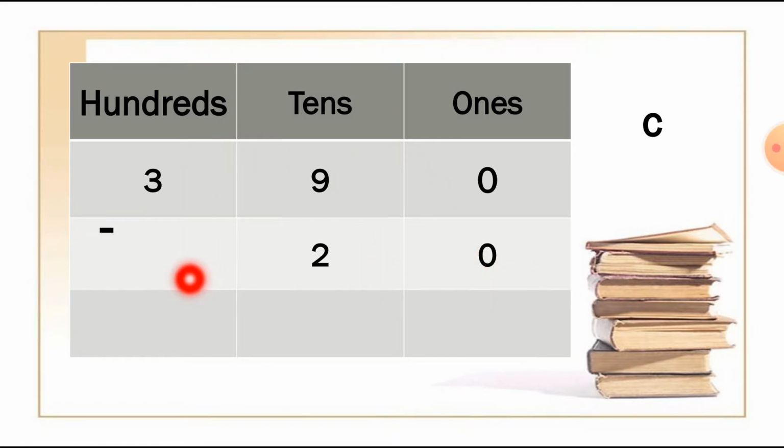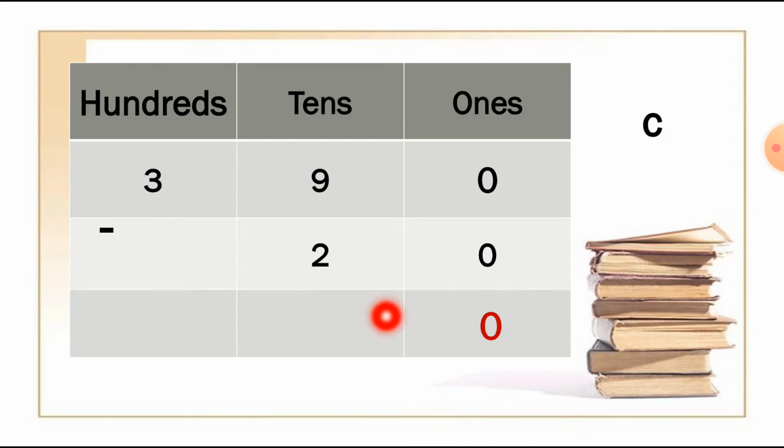You have to just put this empty box at the hundreds column because there are no digits. Now let's start with the ones column, and it contains 0 minus 0. So if you cut nothing from nothing, you will get nothing. It means 0. So here the ones column is complete.